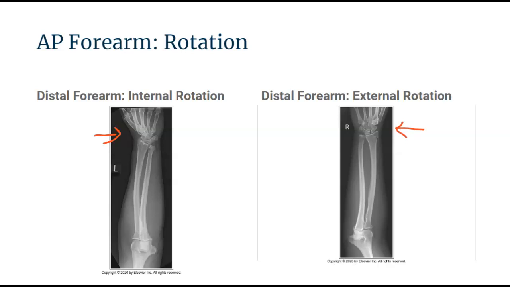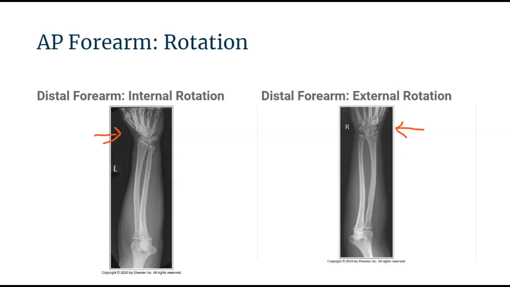In the first projection, you can see that the laterally located first and second metacarpal bases and the carpal bones demonstrate superimposition. So that means that the arm is starting to internally rotate at that distal end of the forearm.